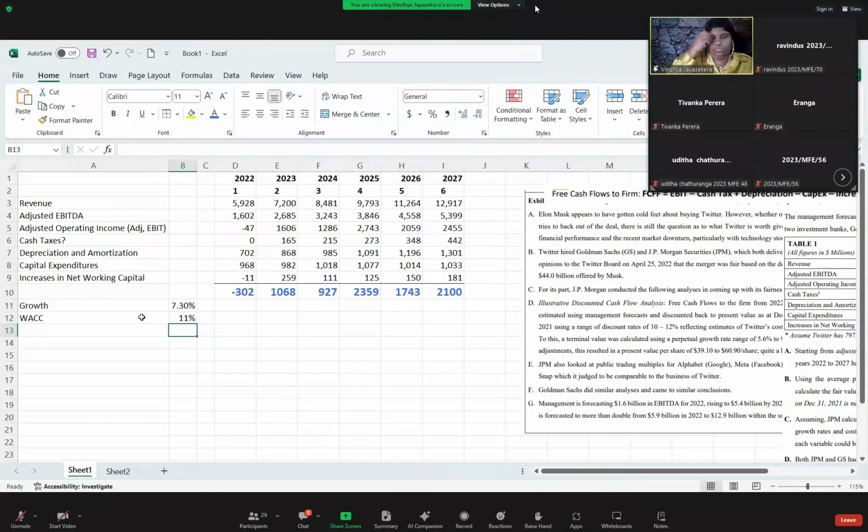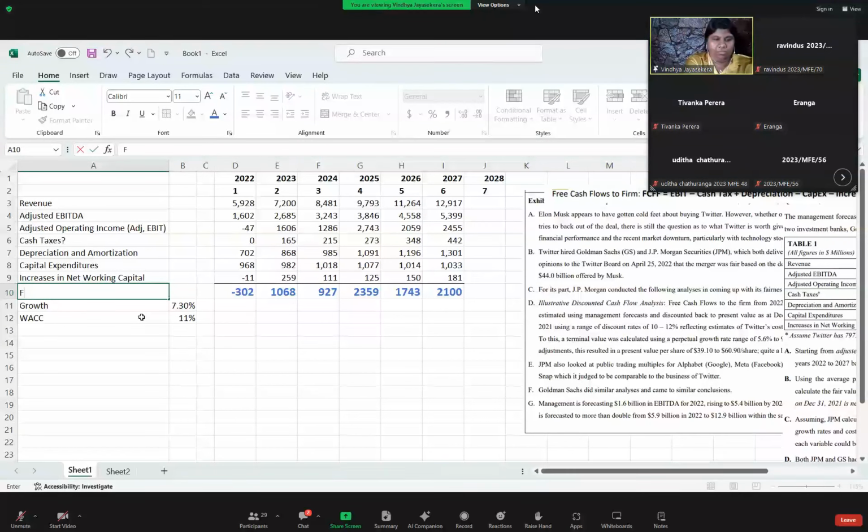So WACC of 11%. Now, first and foremost, if the growth rate is 7.3, then 2028, which is year 7, how much should my free cash flows to the firm be? My free cash flows to the firm should be 7.3% higher.